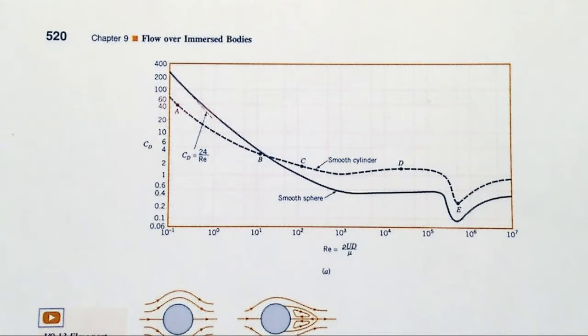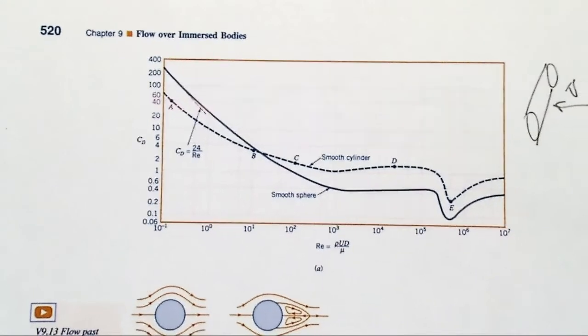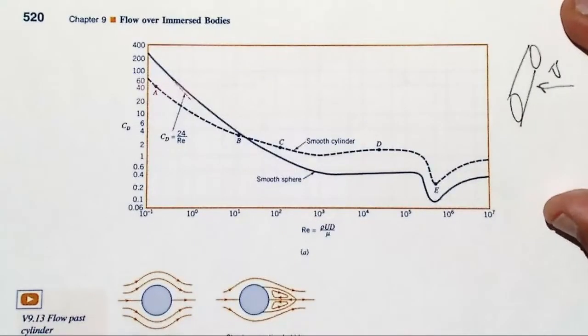Absolutely, for a cylinder you need to know the direction versus the flow, and I think this one comes from the cylinder this way over the velocity. So that's the way it shows this result of the drag coefficient.